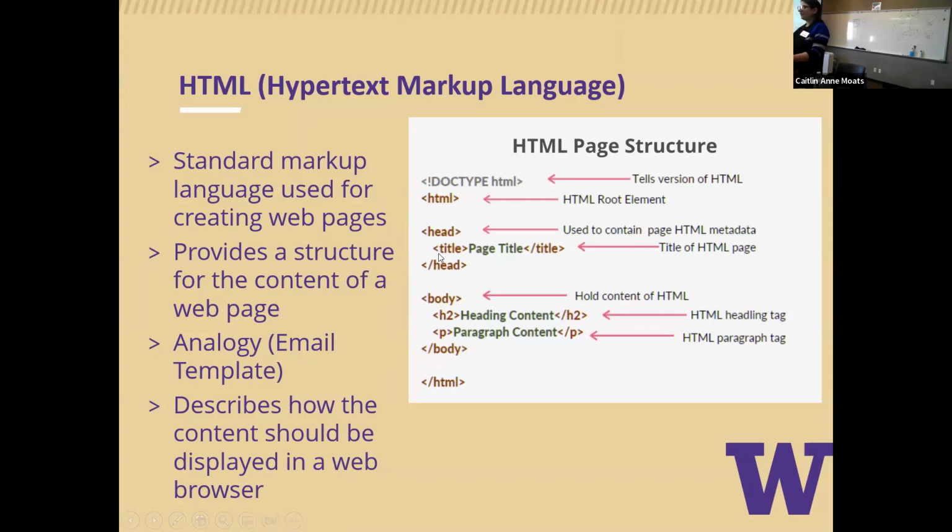And then we have 2 main sections, the head and the body. The head contains the title. For example, in the email template, that is the subject, and the body mainly displays what the HTML content would look like if we have any heading content or a paragraph content.